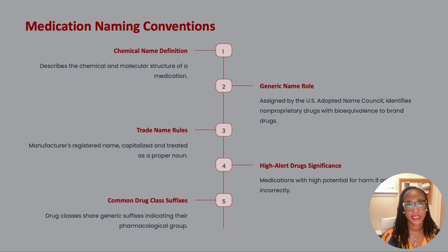As I mentioned before, it identifies a non-proprietary drug bioequivalent to the brand drug. And the trade name is the manufacturer's registered name, capitalized and treated as a proper noun. Next, we're going to talk about high alert drug significance, medications with high potential for harm if utilized incorrectly, and then common drug class suffixes.